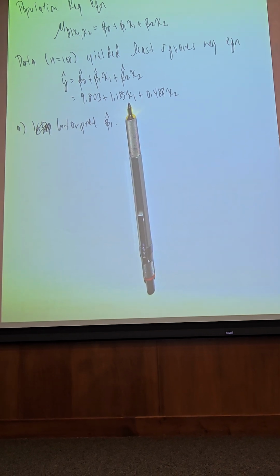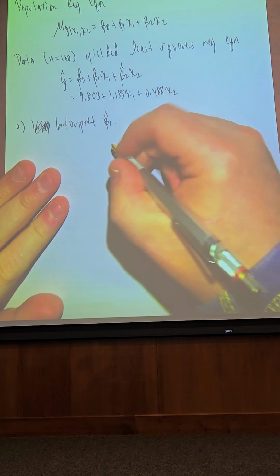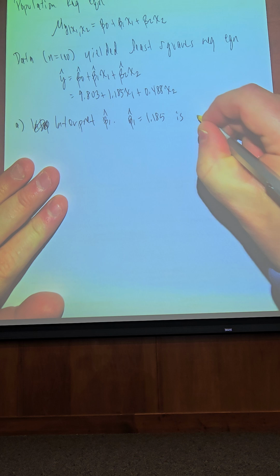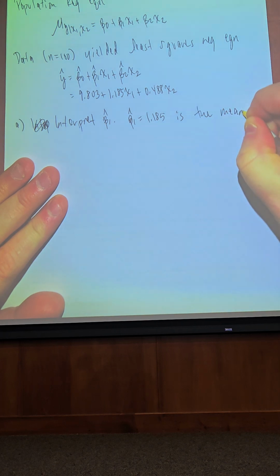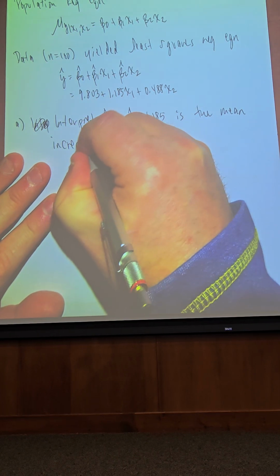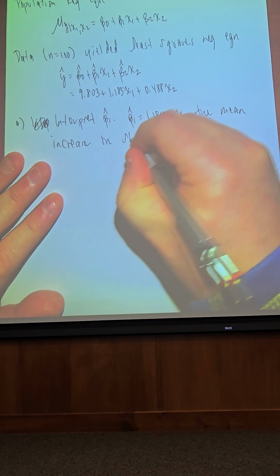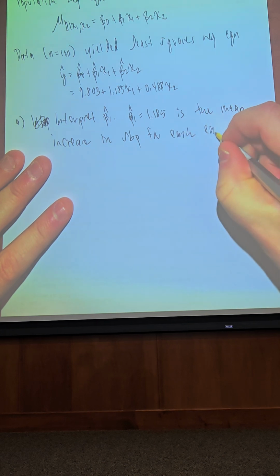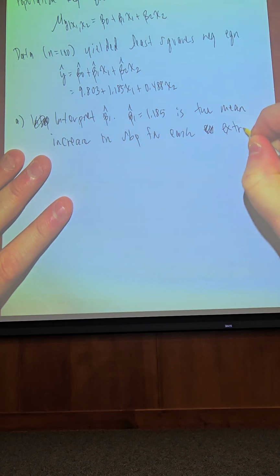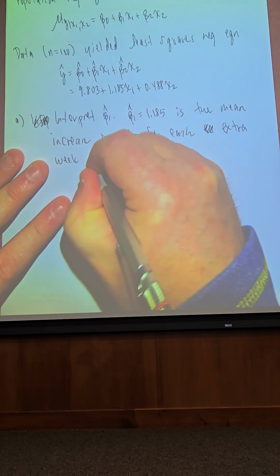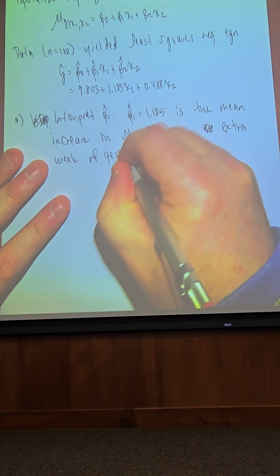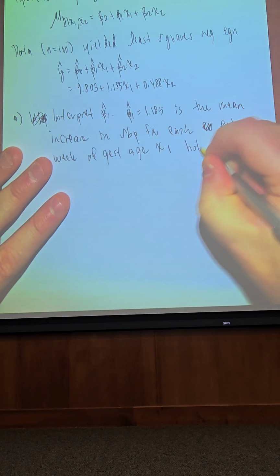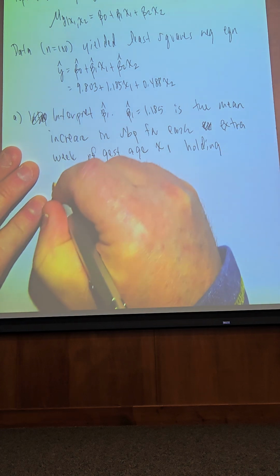So what beta 1 hat is formally, it's the mean. So beta 1 hat, which is 1.185, is the mean increase in systolic blood pressure for each extra week of gestational age, holding APGAR5 fixed.